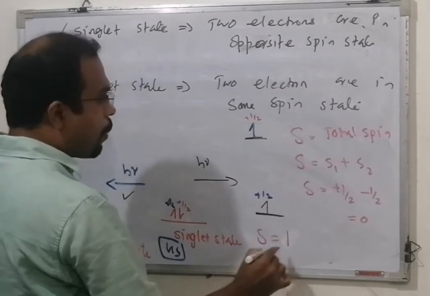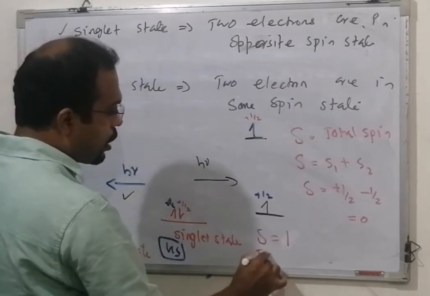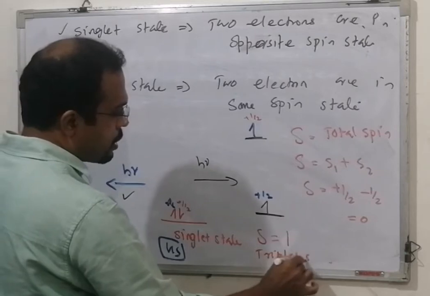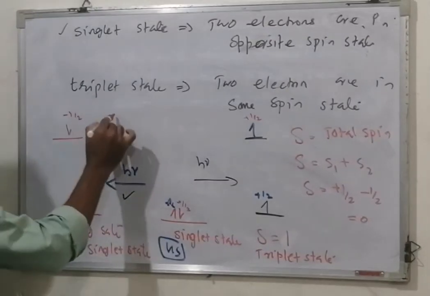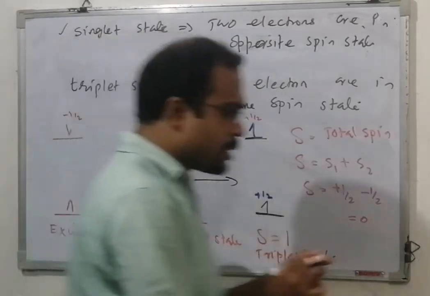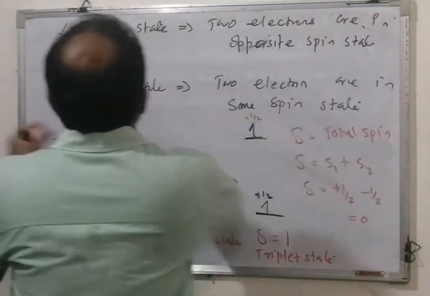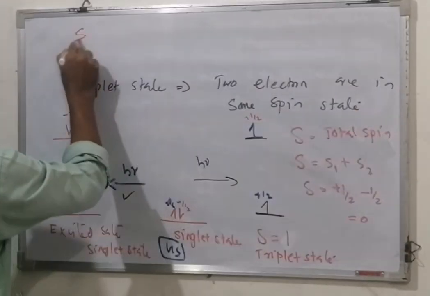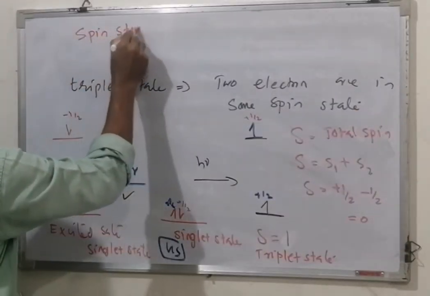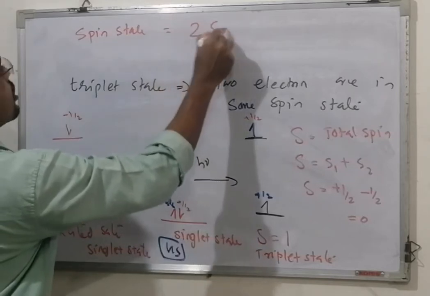Therefore, this is called a triplet state. Why is it a triplet state? The spin state is calculated by the equation 2S plus 1.